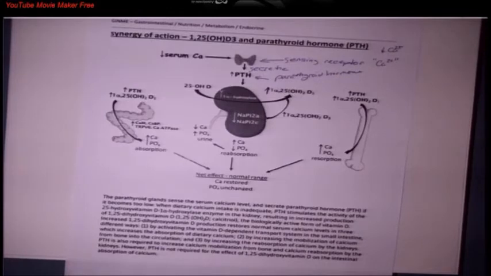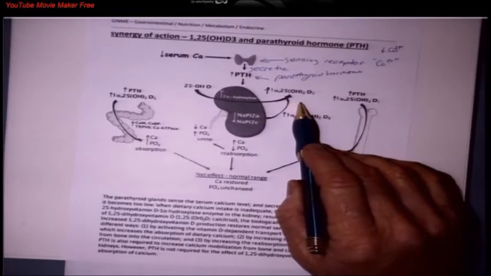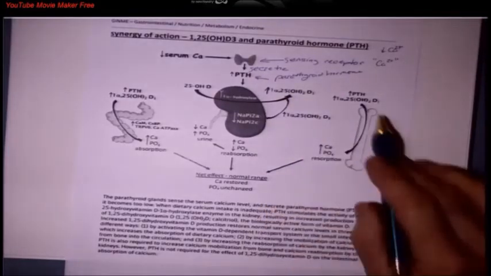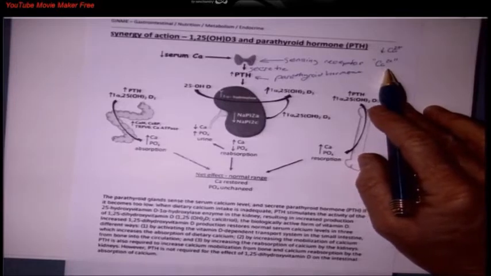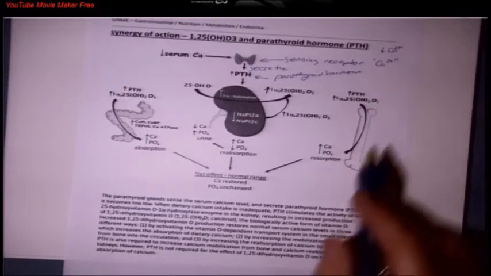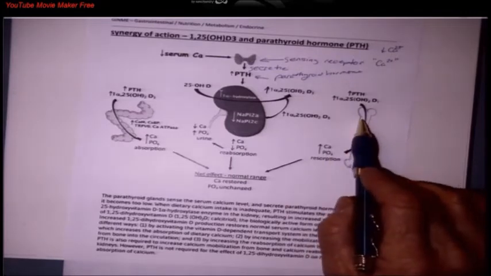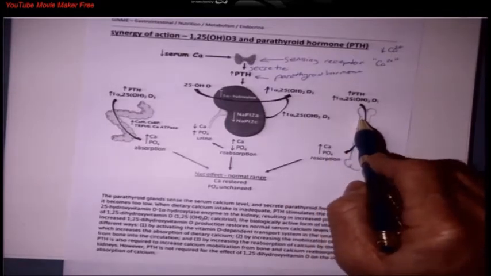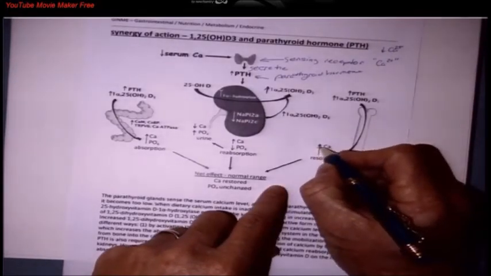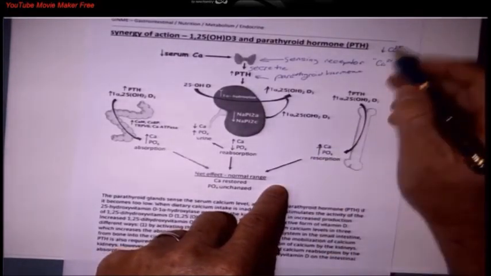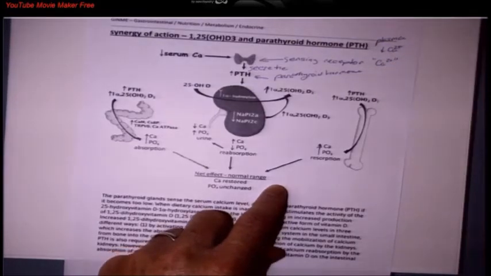Now, it's a coordinated action between parathyroid hormone and vitamin D that are able to restore calcium levels. So vitamin D doesn't do this alone, and parathyroid doesn't do it alone. Both of them are required to initiate bone resorption so that we can increase our calcium levels to take care of this problem of decreased plasma levels of calcium.